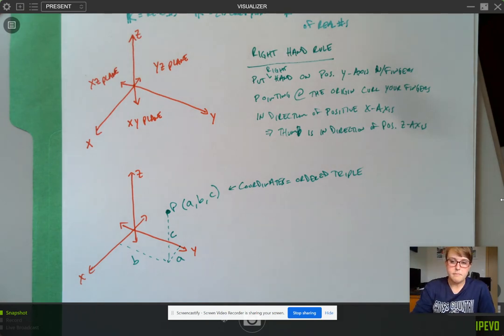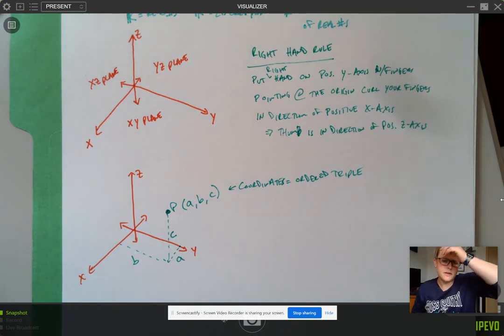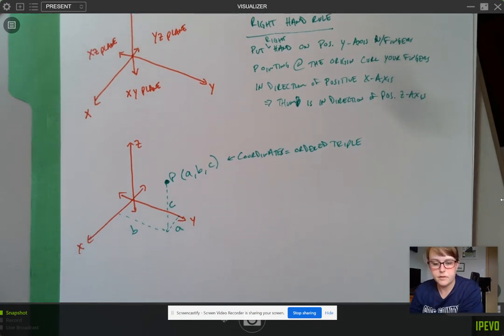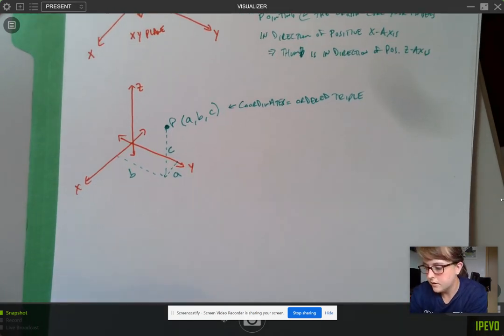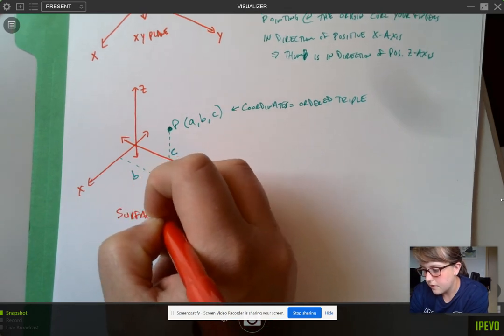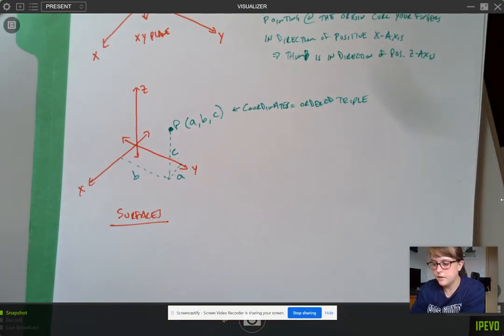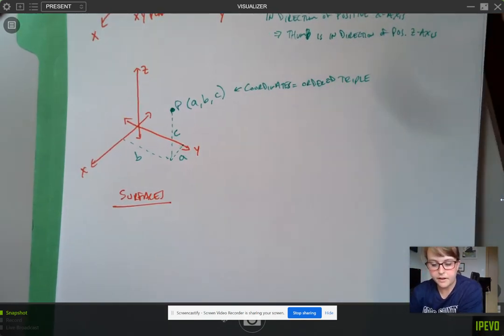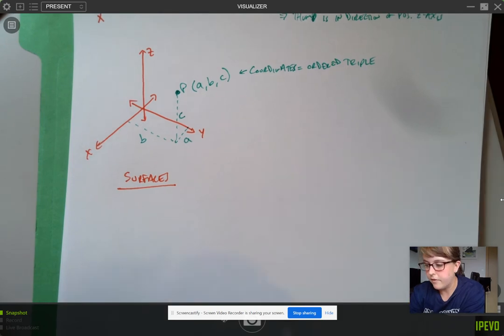Okay, so that's the basics of points in our three-dimensional coordinate plane. We can also talk about surfaces, because if you can imagine, equations that used to be lines in a two-dimensional plane now become surfaces in a three-dimensional plane. So, talking surfaces, let's say we had something like y equals 5.